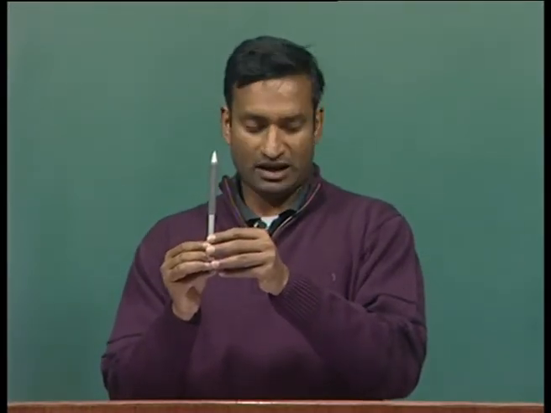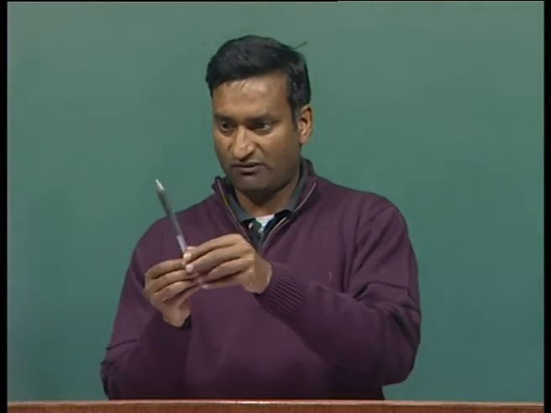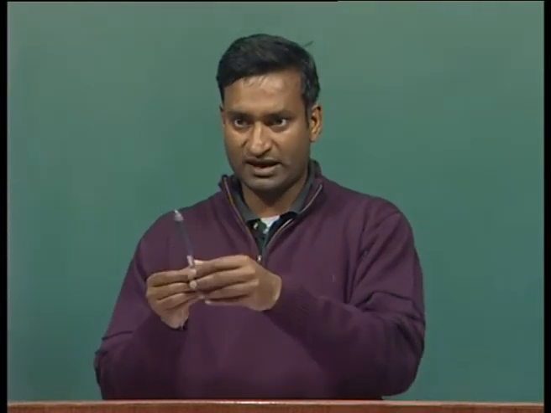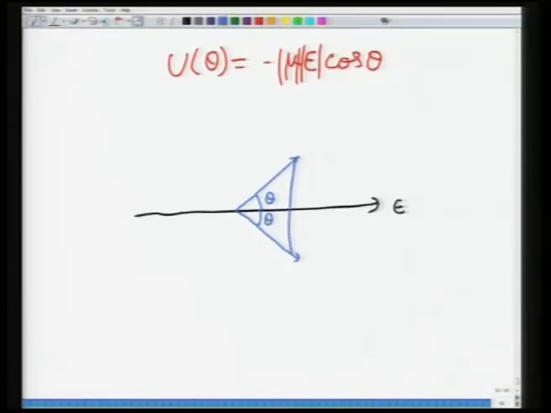So you can have the applied field, and around the applied field you will have all these dipoles making an angle theta. So what this makes is a kind of cone around it. So all the dipoles which are oriented at an angle theta with respect to the applied field E will make a cone which has an apex angle of 2 theta.